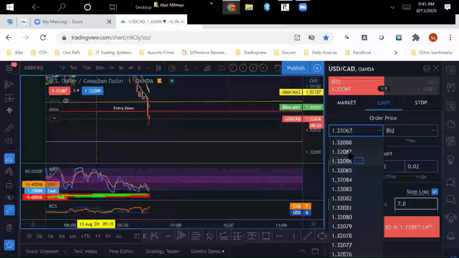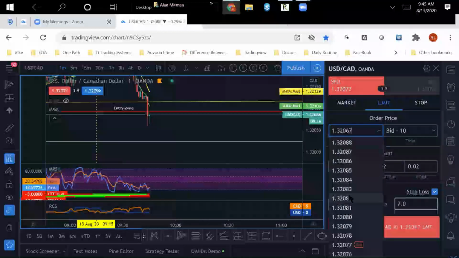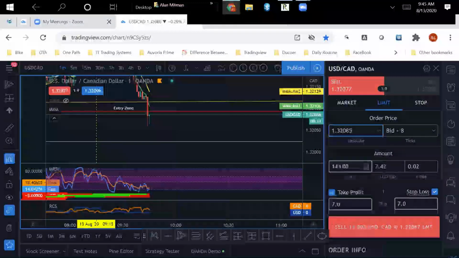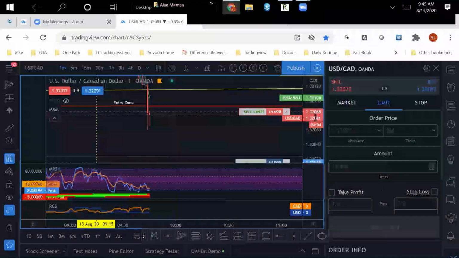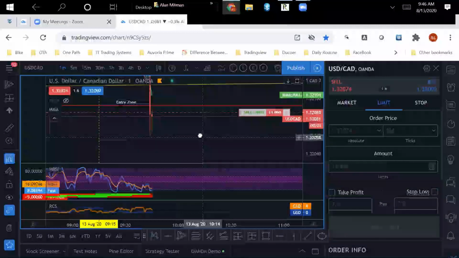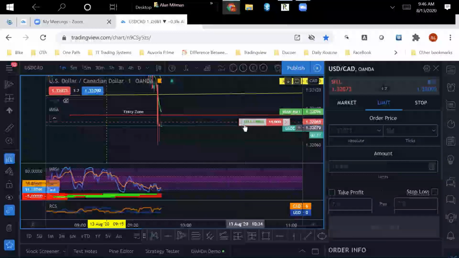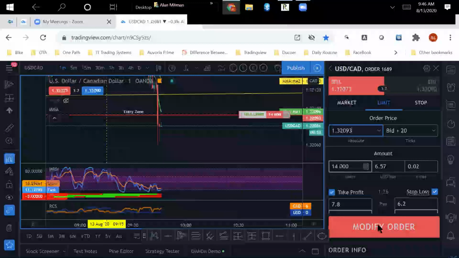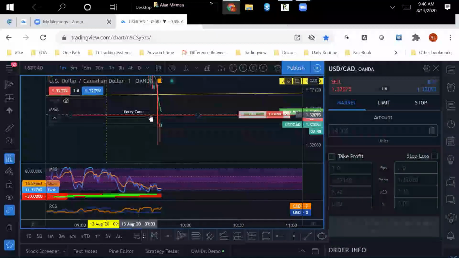It's asking, so we could get in if we're at asking prices. Let's do 32.85. We'll call that sell limit. Let's see if it gets us in. They could get it right back up here to where the entry zone was.